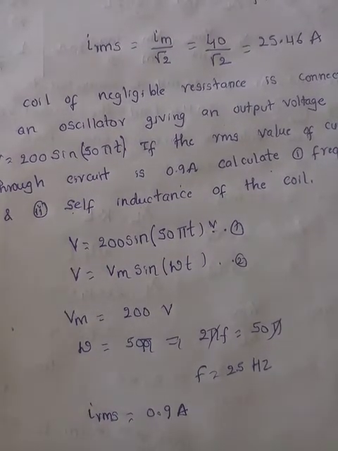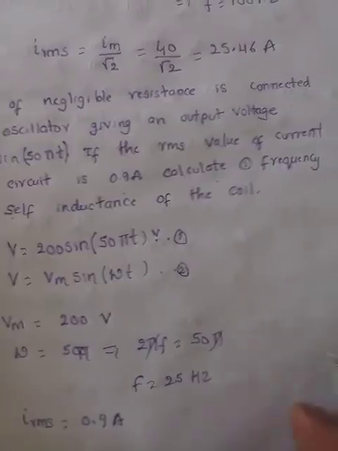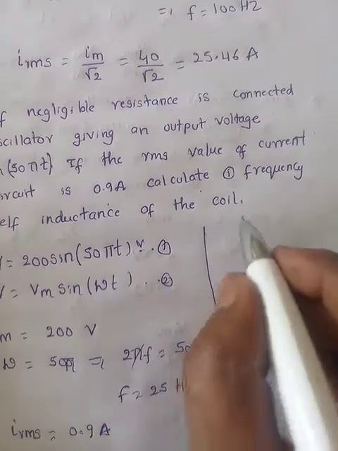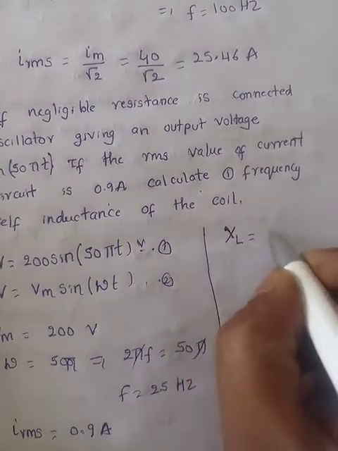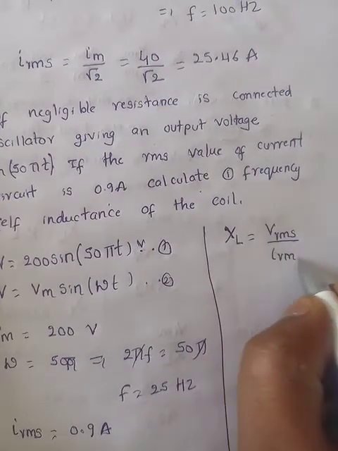What are they asking to calculate here? Self-inductance of the coil. Frequency is already calculated, right? To calculate self-inductance, the same formula: XL is equal to Vrms by Irms.